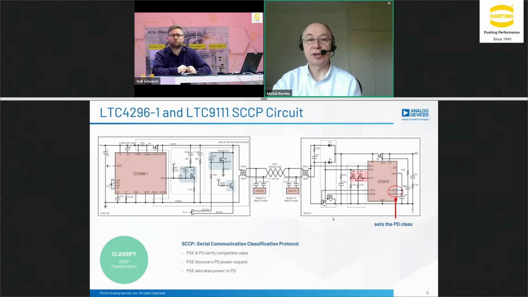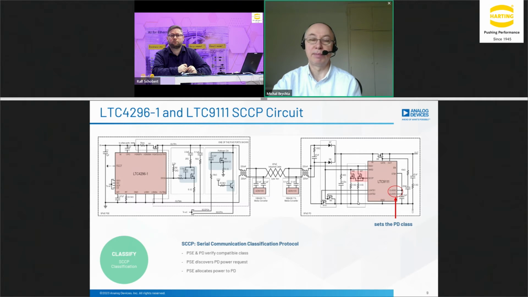But there is a communication, there is a serial communication classification protocol, again standardized in IEEE, that makes these two devices talk, and they talk before they turn on the power. So at the start, the device on the left-hand side delivers only trickle power, something like 5-6 volts, with very limited current, and looks for a device to be plugged in.